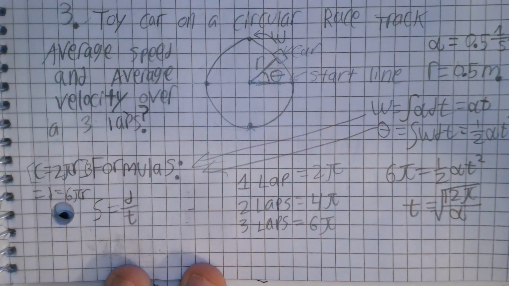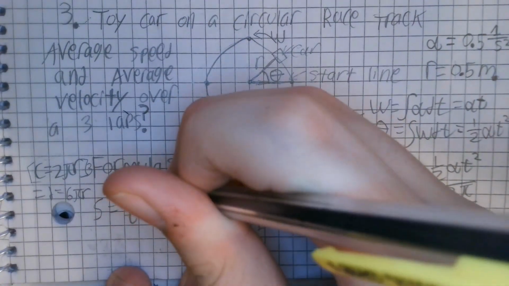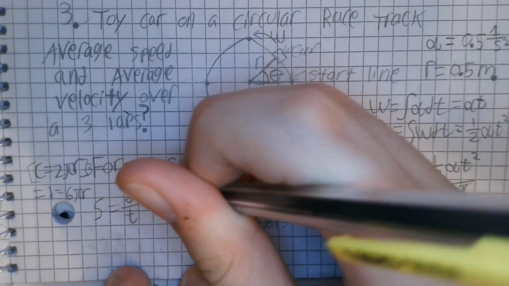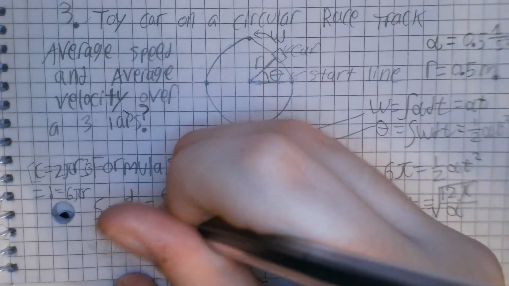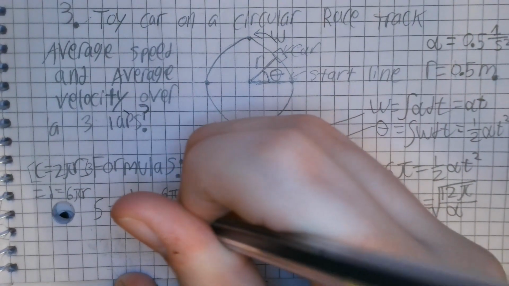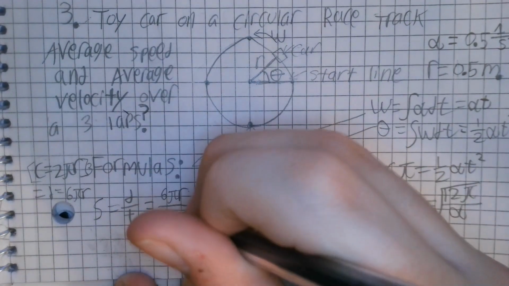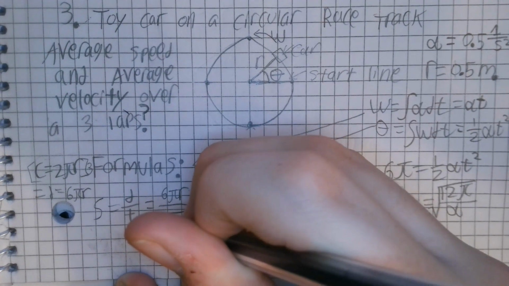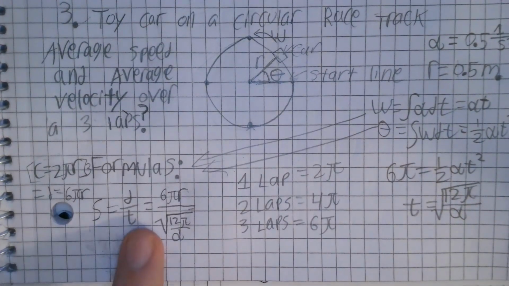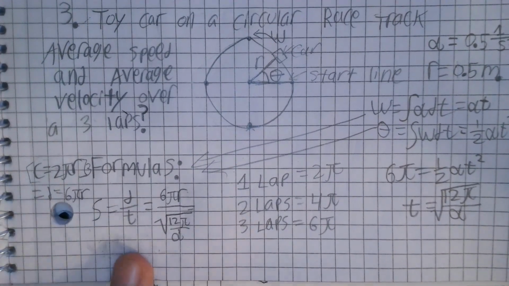Now we can write 6 pi r all over the square root of 12 pi over alpha. That's going to be equal to our speed, s.